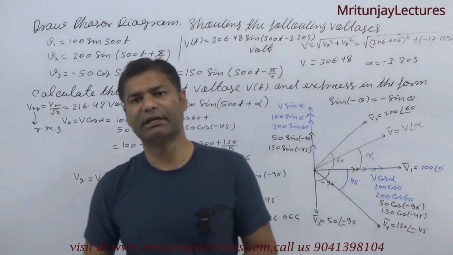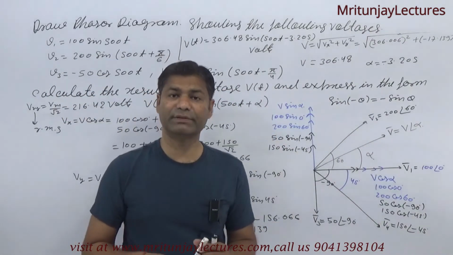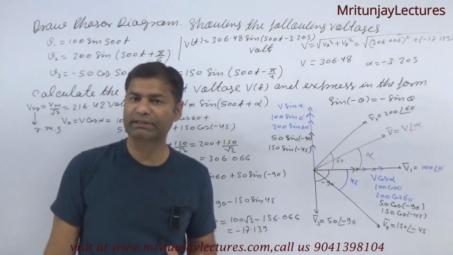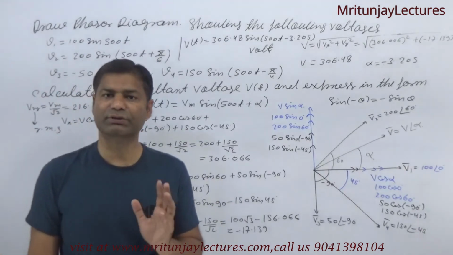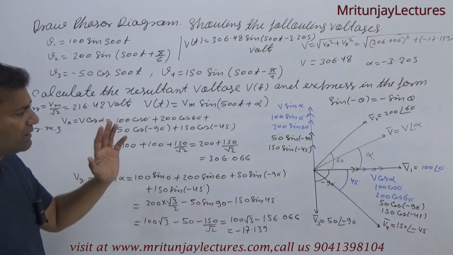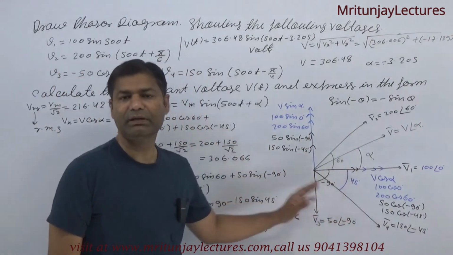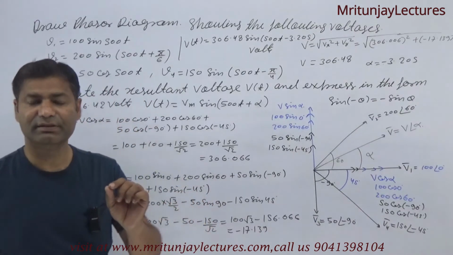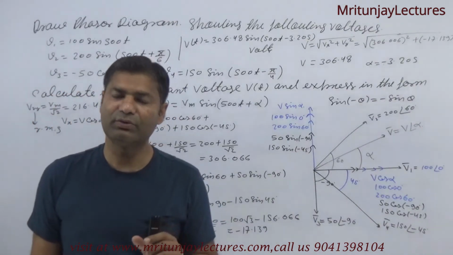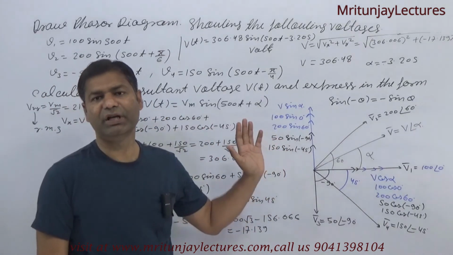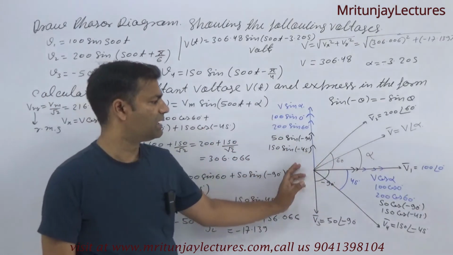Okay, so make it very clear. First of all, draw the phasor diagram. Before drawing the phasor diagram, we first of all convert all voltages in terms of sine or cosine. So first of all, convert it in cosine or sine. After that, make the phasor diagram. After that, our next target is the resultant. If you want the resultant, then take all voltage components along the x-axis and y-axis.